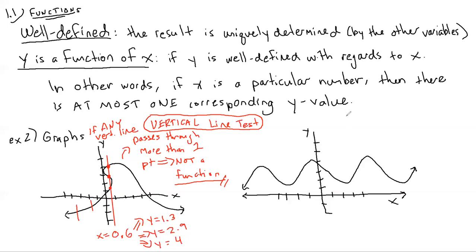And in this case, the opposite of the test is if all vertical lines pass through at most 1 point, so in other words, if no vertical line passes through more than 1 point, then it is a function.